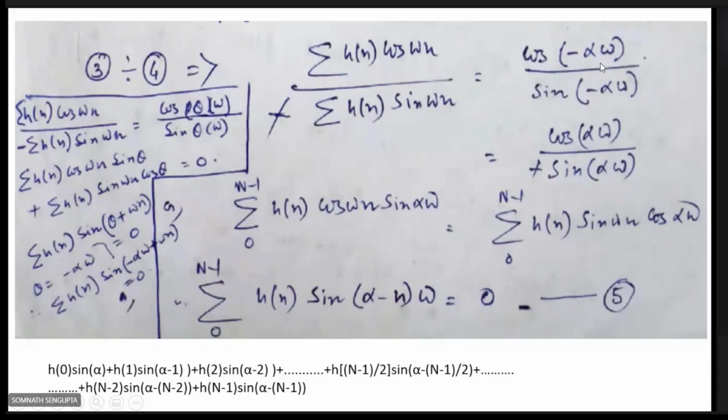And here also it is written theta is minus alpha omega at the end. So finally the same equation is obtained: summation h[n] sine of (alpha minus n) into omega is equal to 0. Okay. So do you understand this?